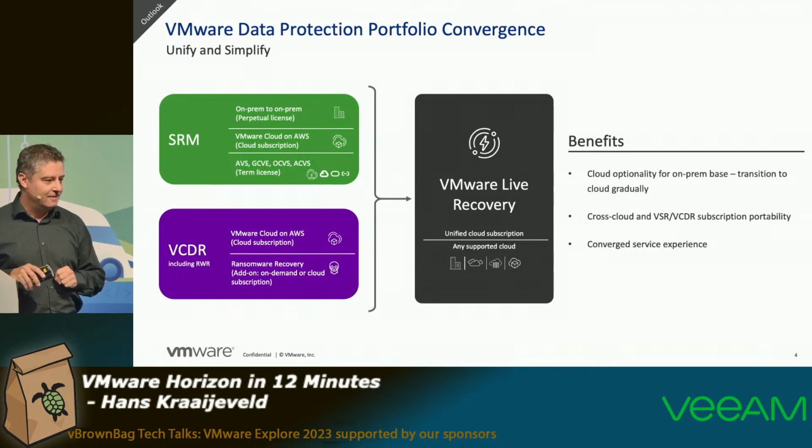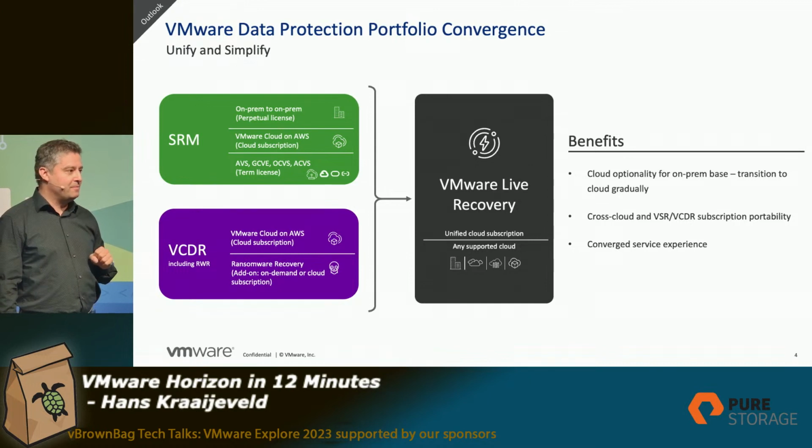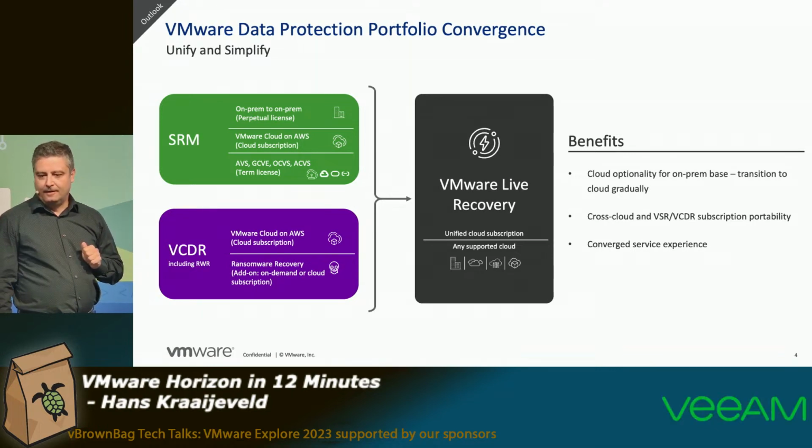private data center. But the benefit is that with this same license, with this same solution, you can also use some VMs, even the same VMs, for VCDR for ransomware. So essentially, you can decide per VM, when you protect, to what target to protect.